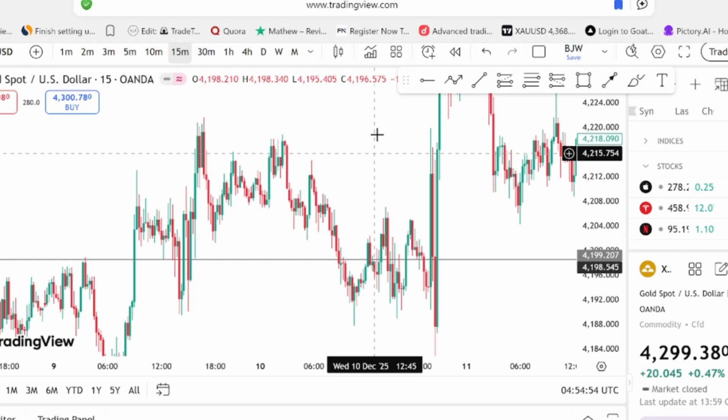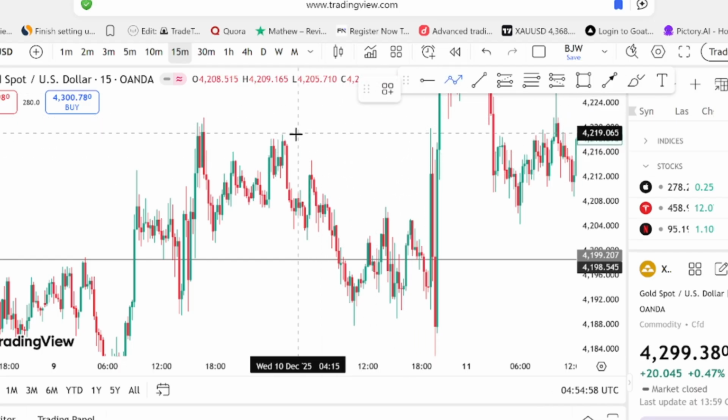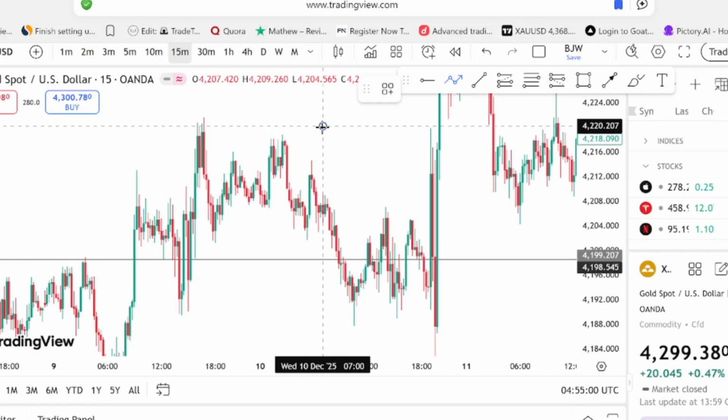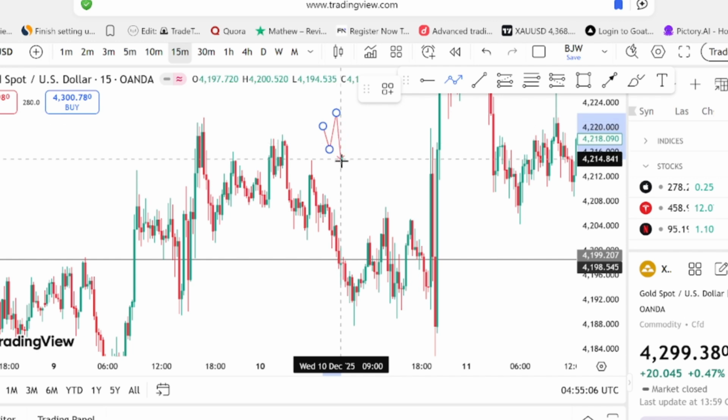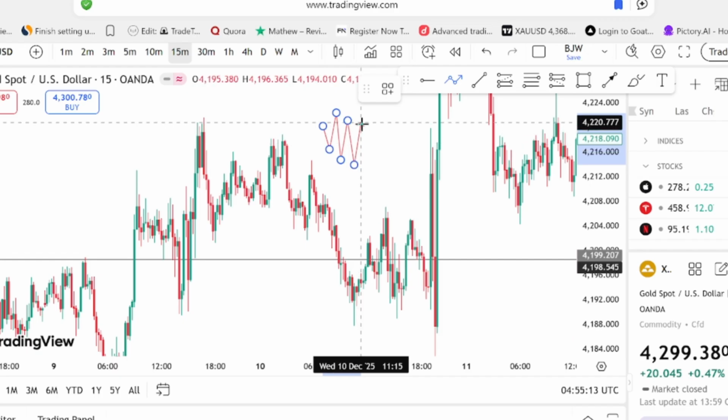We always know that before we say we have a setup in a sell position, we must have a sweep of the previous high, a break of structure, another low, and whenever price taps into this zone, we sell down and take out this low.